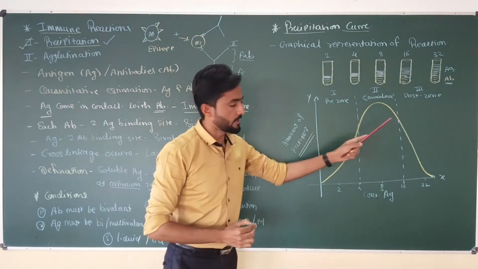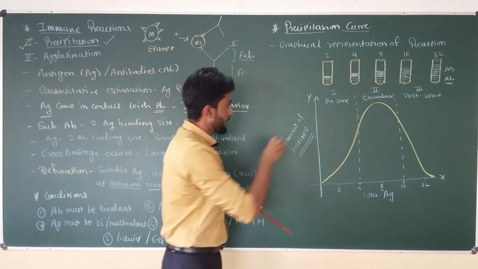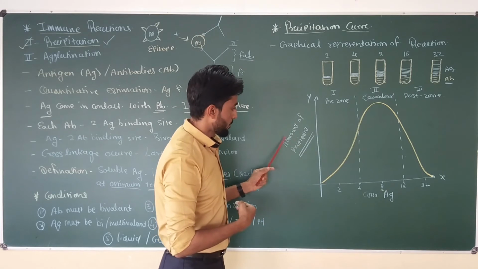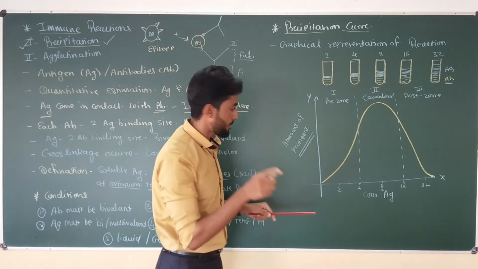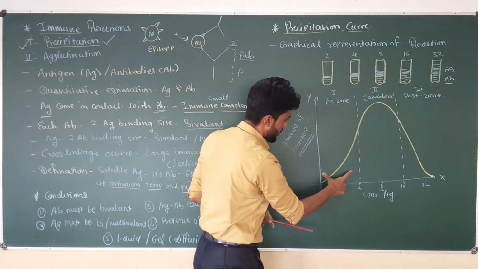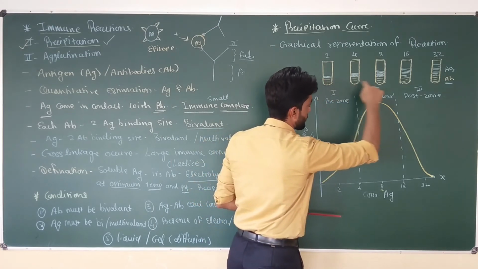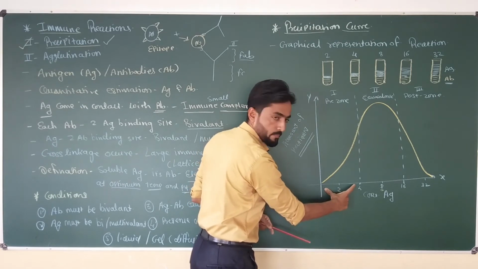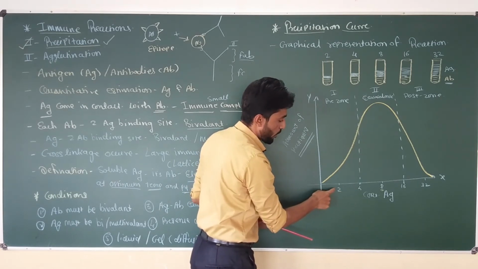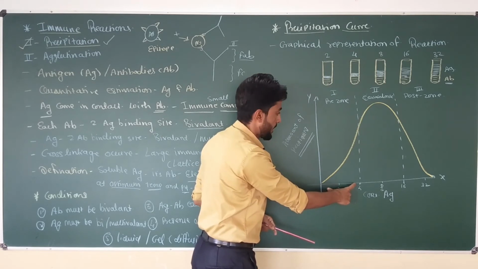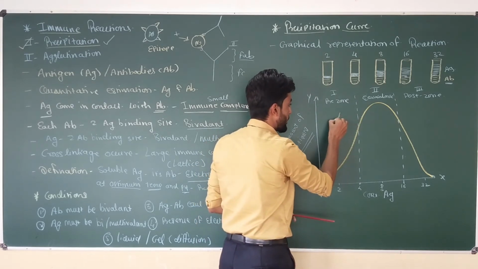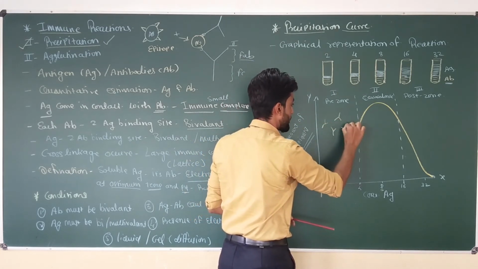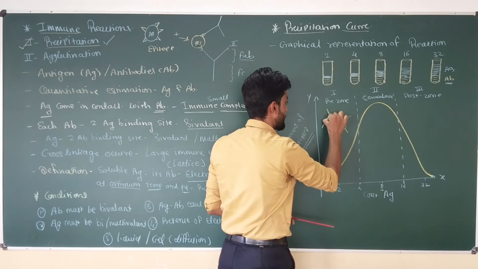What exactly happens in these 3 zones? In the pre-zone, the reaction is very slow. The amount of precipitant produced is very less, and this happens because in this zone, antibody concentration is fixed, but antigen concentration is very low, like 2 or 4 microgram per ml. Due to this, many antibodies, the Y-shaped structures, remain free in the test tube.